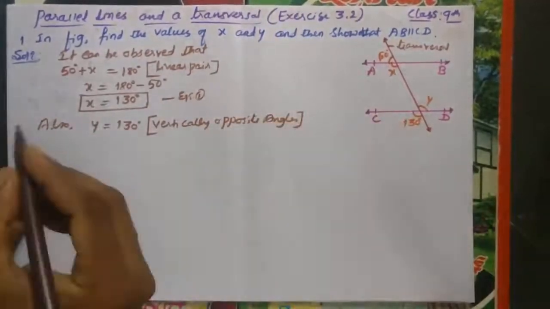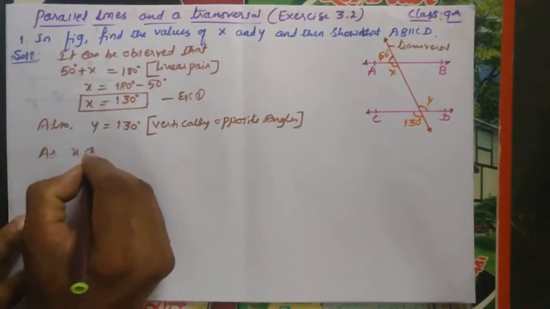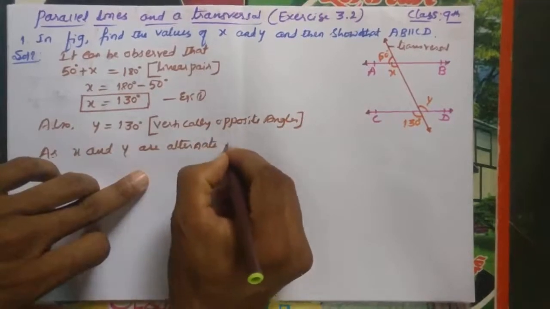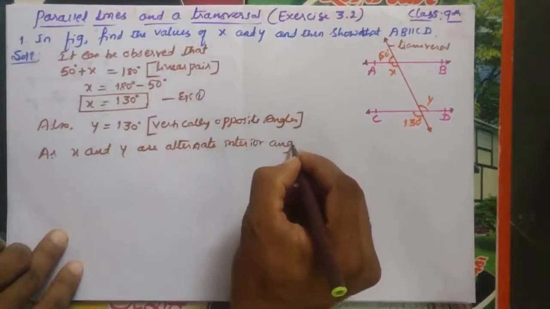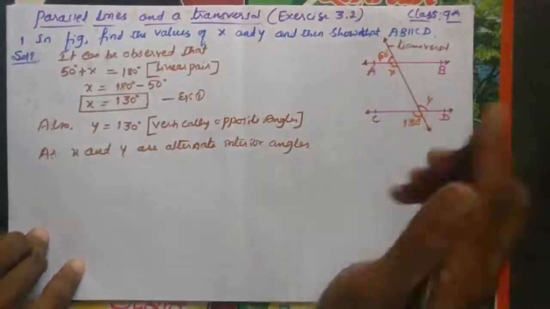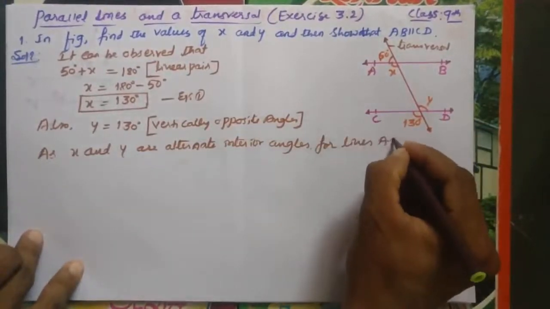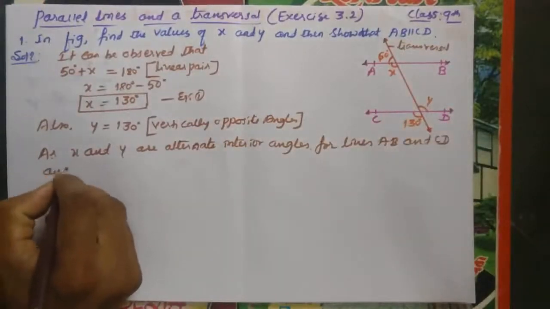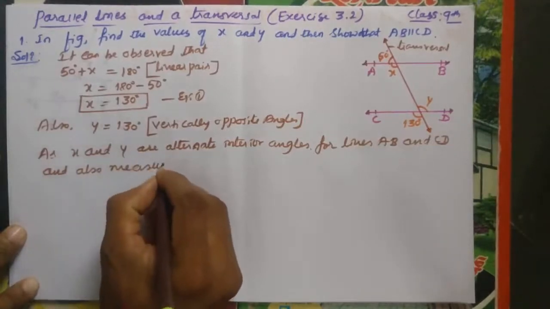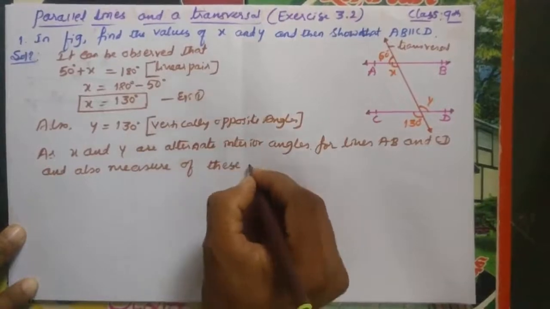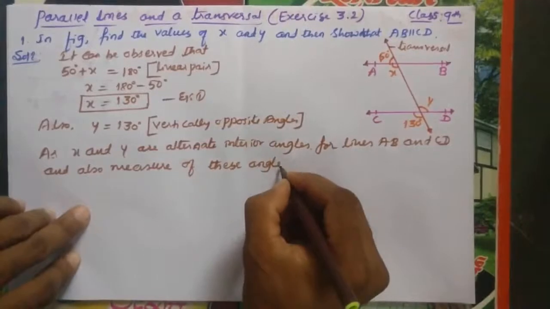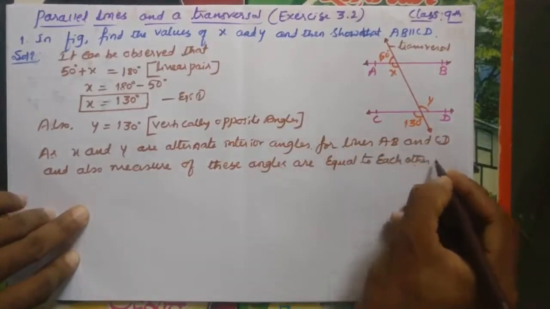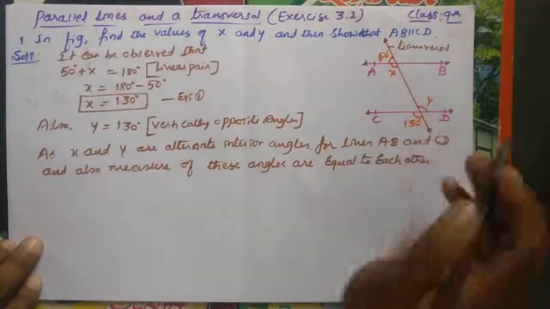So as x and y are alternate interior angles for lines AB and CD, and also the measures of these angles are equal to each other, therefore AB is parallel to CD.